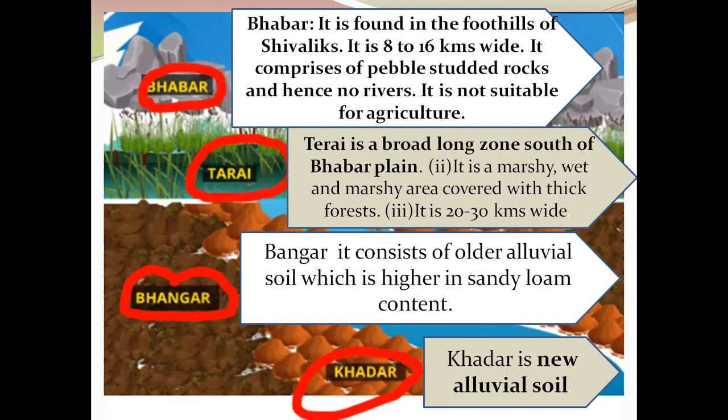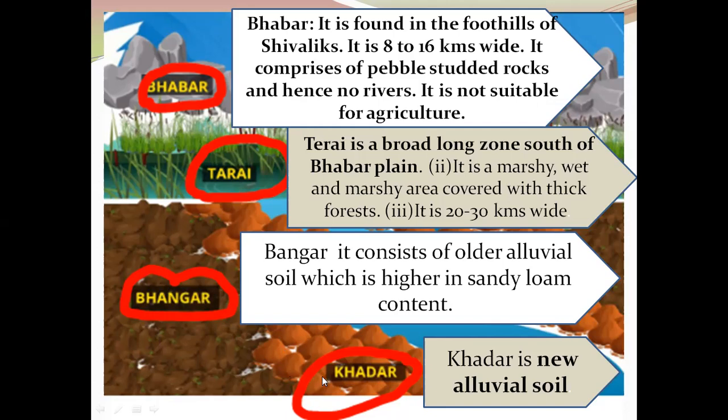Okay. After that, these rivers bring silt and leave it on the ground. So you can see here near the river, this is the new soil and this is the old soil. New soil is known as Khadar and the old soil is known as Bhangar. What is the difference between the two soils?